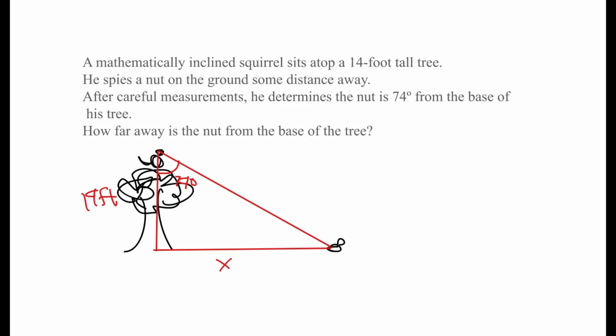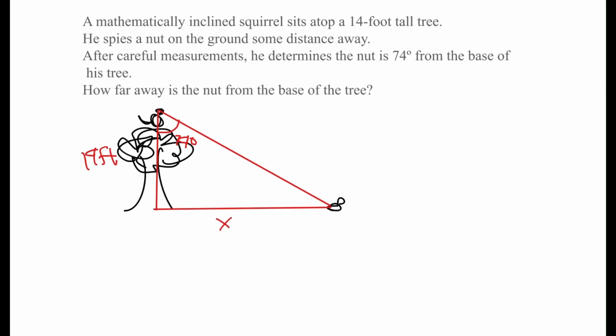So now we will use SOHCAHTOA for this. Let's say we are looking for our hypotenuse instead. Let's look for this side first. This is our adjacent, 14 feet, since the angle is over here and its opposite side is this side, the distance from the base of the tree to the nut.